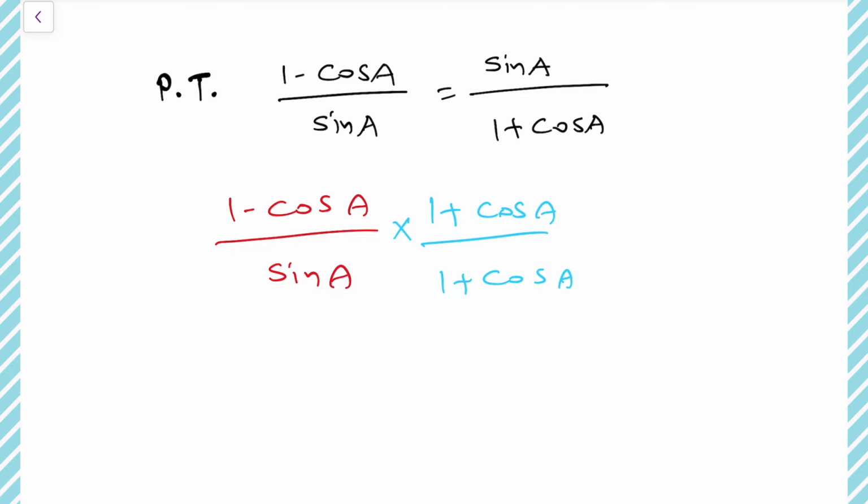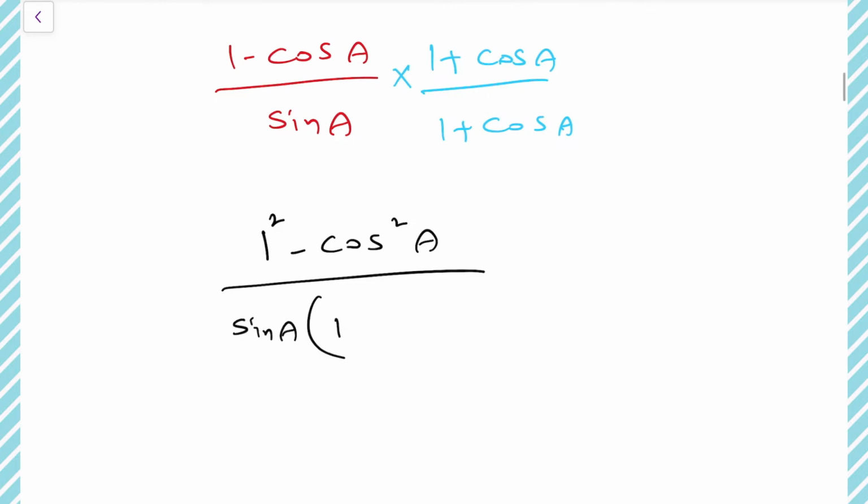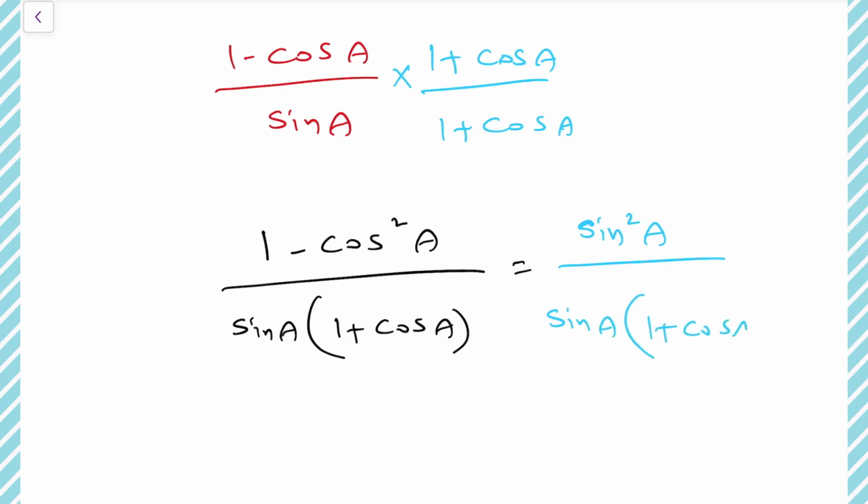Now in the numerator, if you observe, 1 minus cos A into 1 plus cos A is in the form of (A minus B) into (A plus B), which is A square minus B square. So 1 square minus cos square A, divided by sin A into (1 plus cos A). I am not solving the denominator, I am writing it as it is. Here 1 square is simply 1, so 1 minus cos square A is sin square A, divided by sin A into (1 plus cos A).